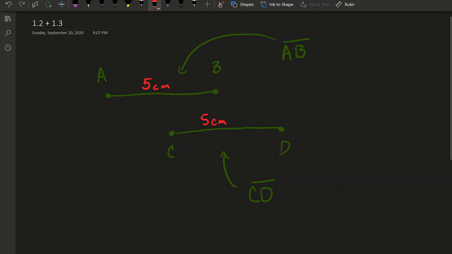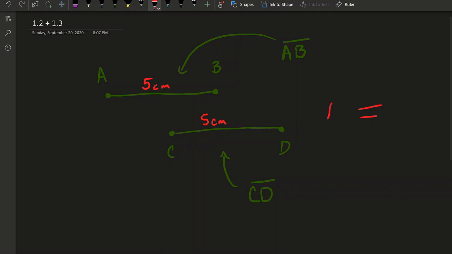The equal symbol is specifically reserved for numbers. That segment isn't a number, that segment is a figure, it's a picture. So if I'm going to use the equal sign, I have to be comparing two numbers. That's where this notation comes in.